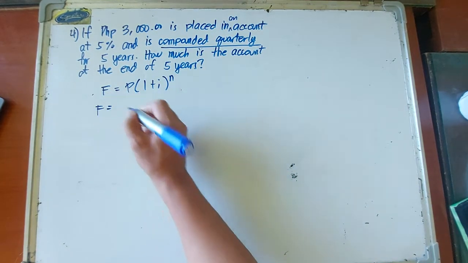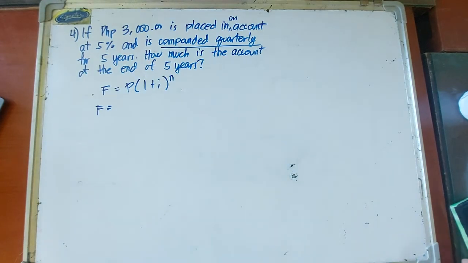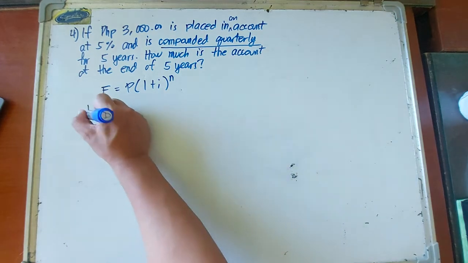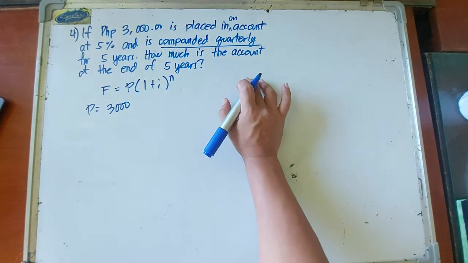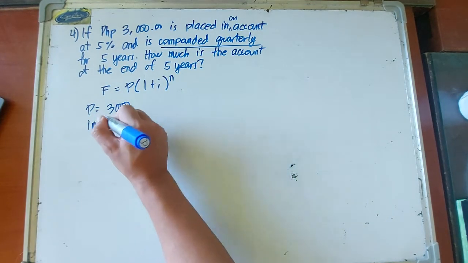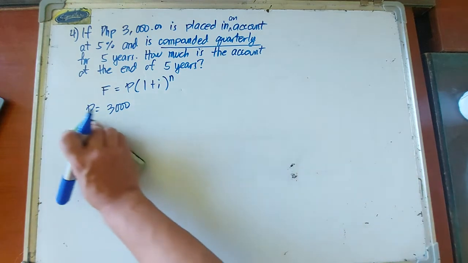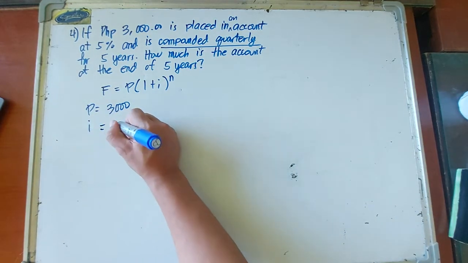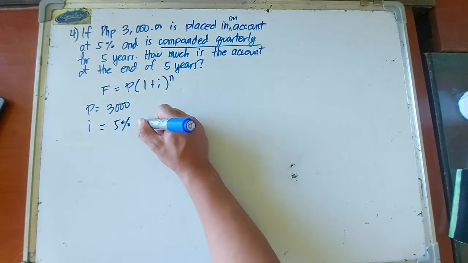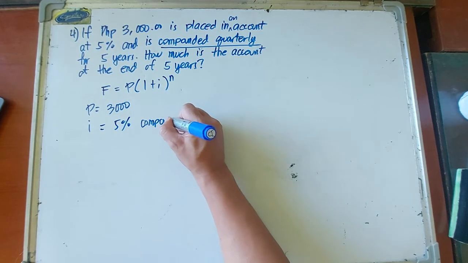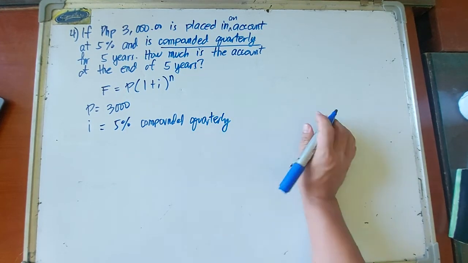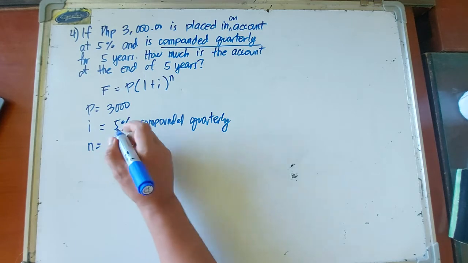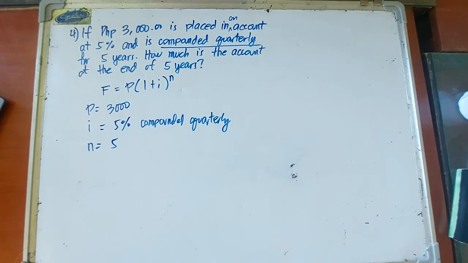So the future worth, after 5 years, let's try to identify muna yung mga given quantities in the problem. So the principal is 3,000 pesos. The interest I is equal to 5% compounded quarterly, for N is 5 years.